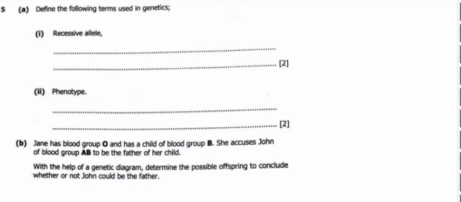B. Jane has blood group O. So blood group O can only exist as homozygous recessive.